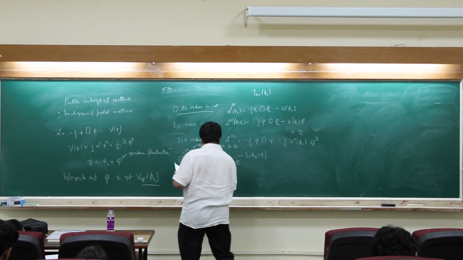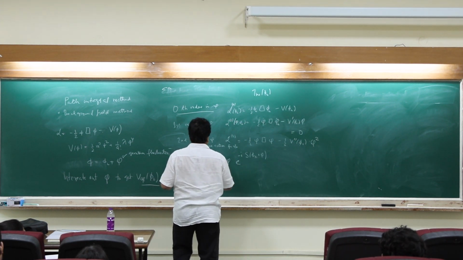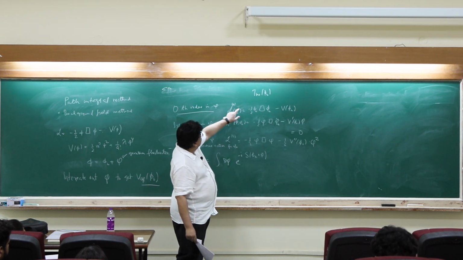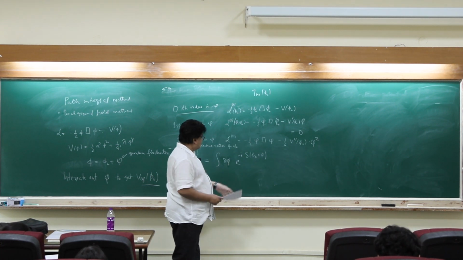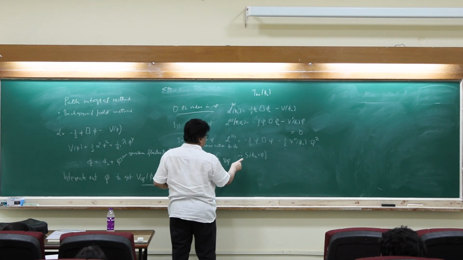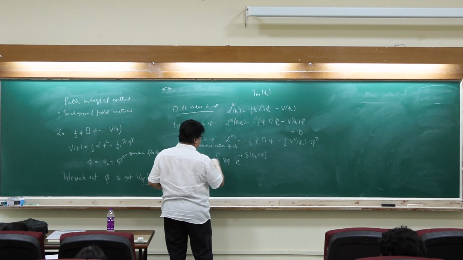So this guy, you can write one more line here. If you write this, you have a contribution 0 and the second term. This term will not contribute. So the 0th term has nothing in small phi, so you can take it out of the path integral.